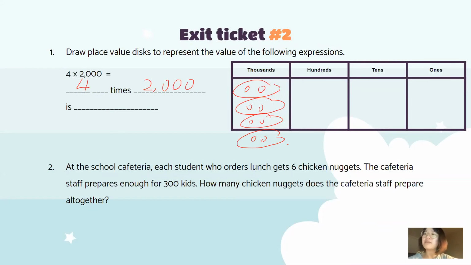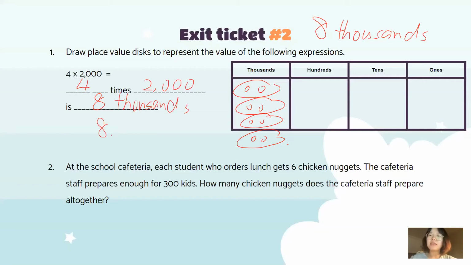Sorry, we have 8,000. So we can write 4 times 2000 is 8,000. Okay, and let's look at our second question.